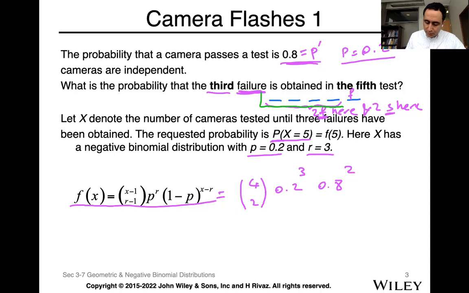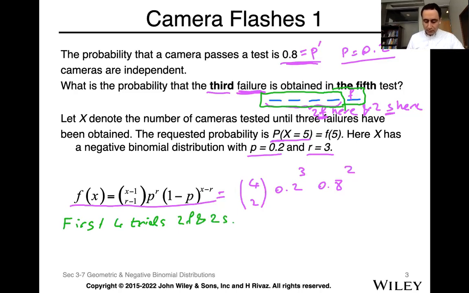One set, the first 4 experiments, and another set, the last experiment, right? And I'm saying that in the first 4 trials, I should have 2 failure and 2 success, right?